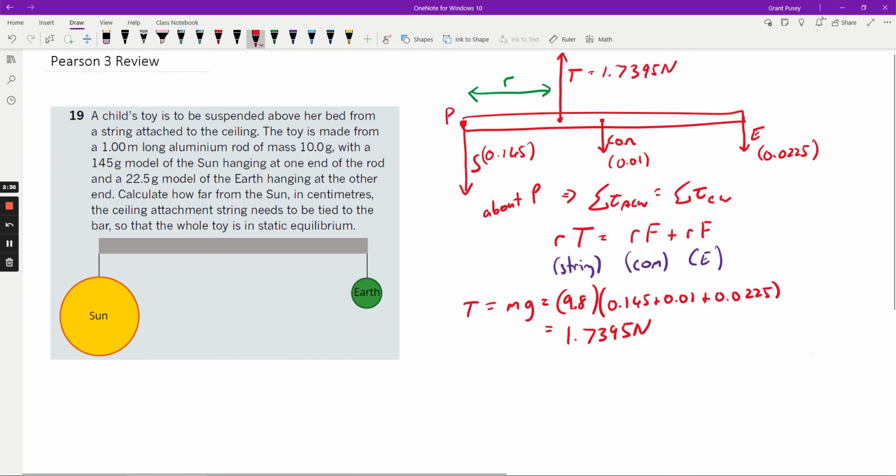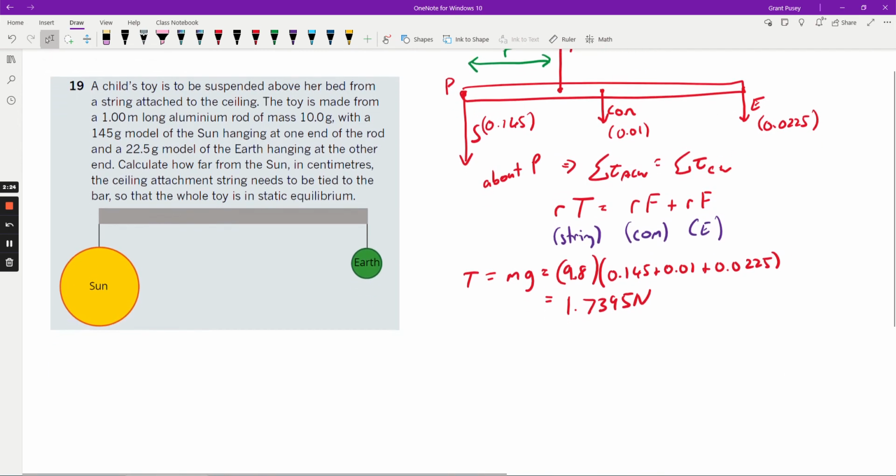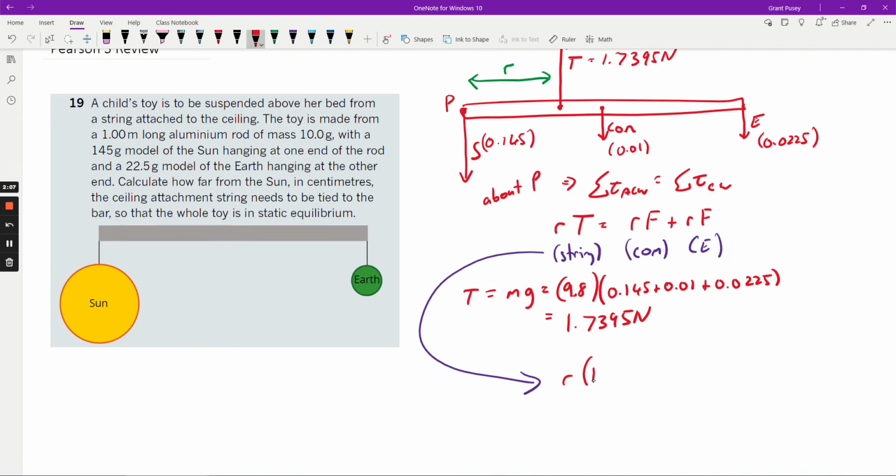Okay, so now that I have all the information about these three things that are factoring in the torques, I can go back to this equation here. So I'm just going to restart this bit and bring it back down. So what I have now is R, and then in brackets, 1.7395.